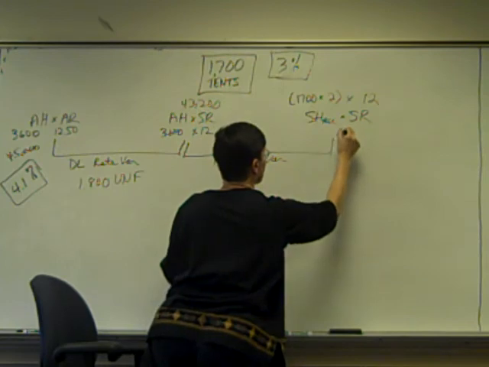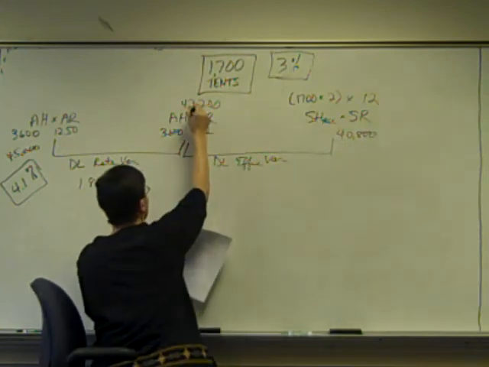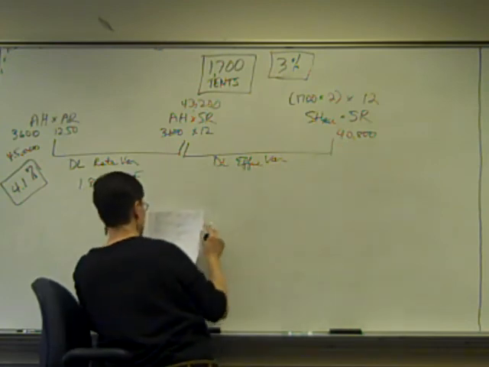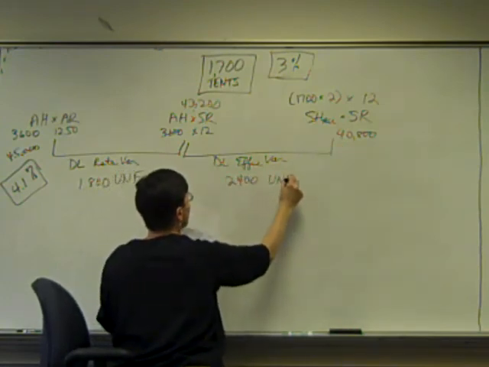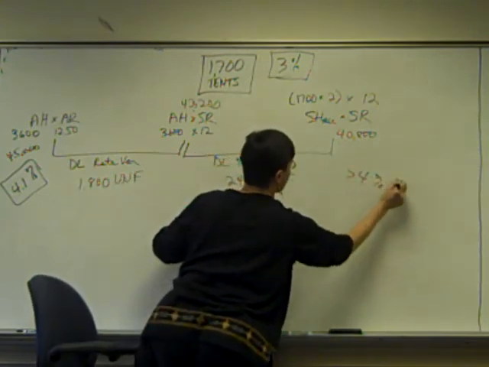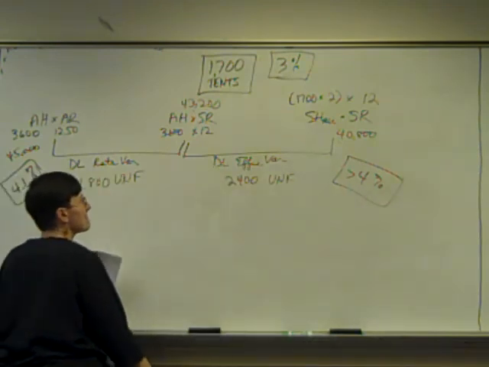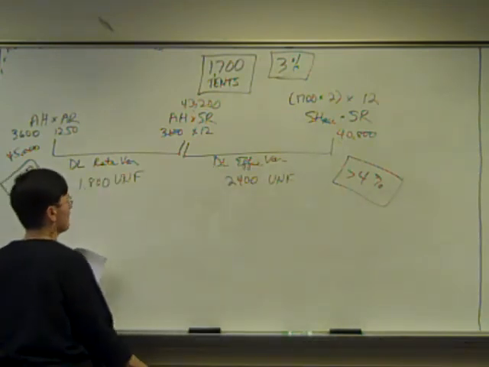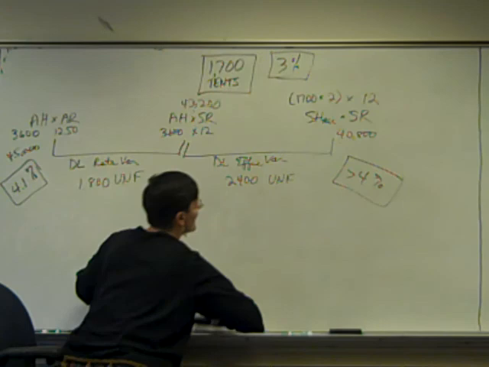So that anchor is 40,800. 43.2 versus the 40,800, 2,400 unfavorable. That's going to be greater than 4%. That's also significant, I think, right? 240, yeah. Is that right? Yeah, 5.8%. 5.9. All right.